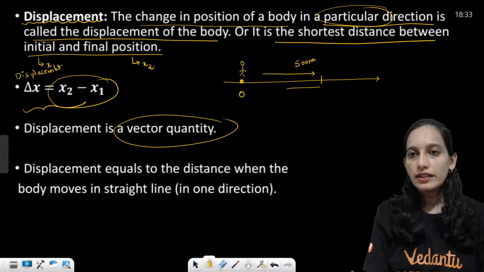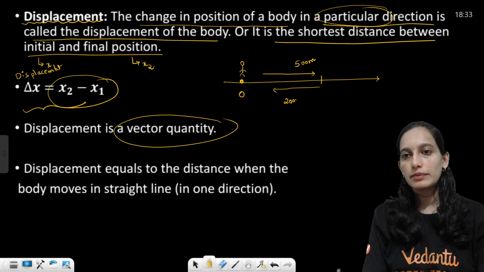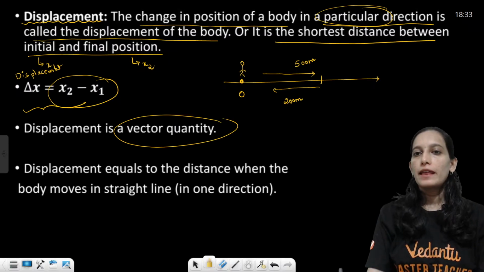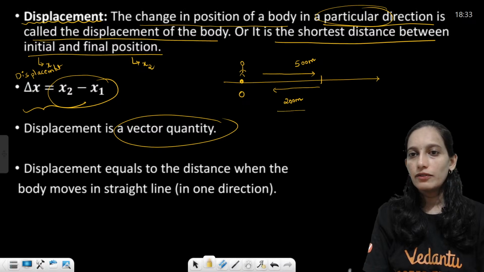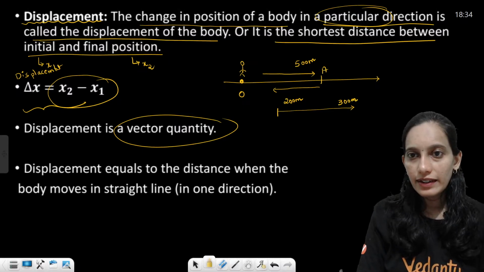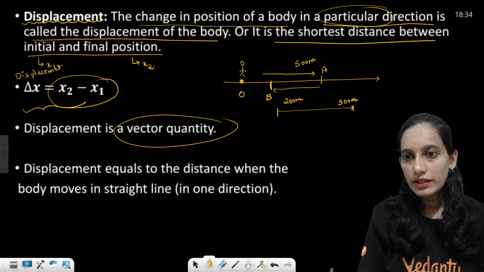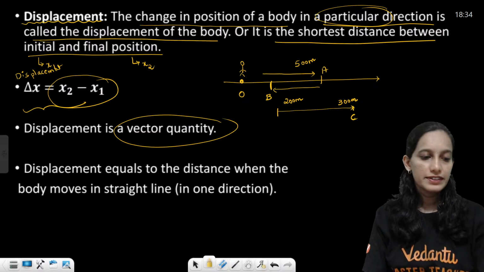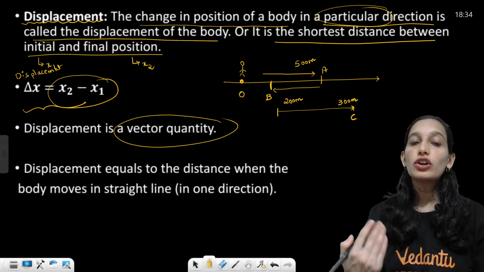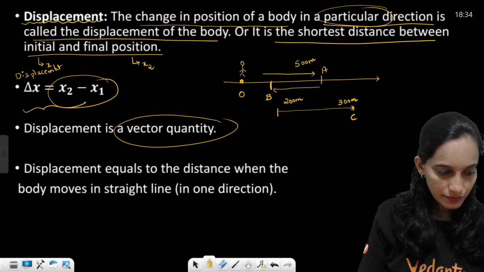Then he moves in this direction for some 200 meters, and then again he walks some 300 meters from this position. Let me say A, then B, and from B he reached a point C. Now, if I ask what the total displacement is, can someone answer?